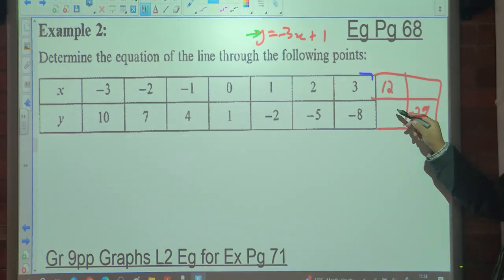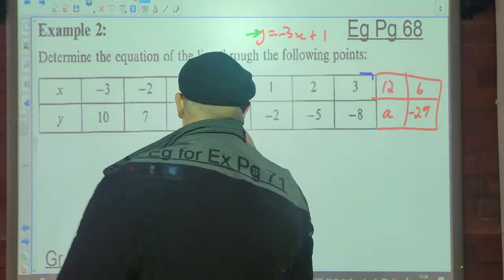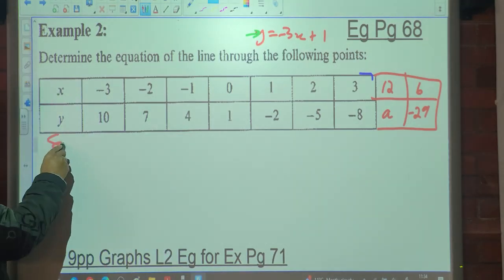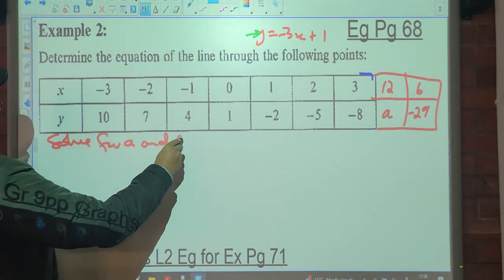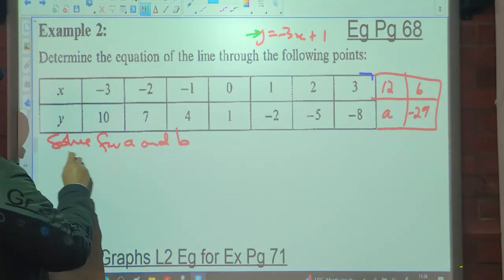And I put the A here and the B there. Now I ask you to solve the values of A and B. That was the question now. This is not the question, but I'm just making it part of it.